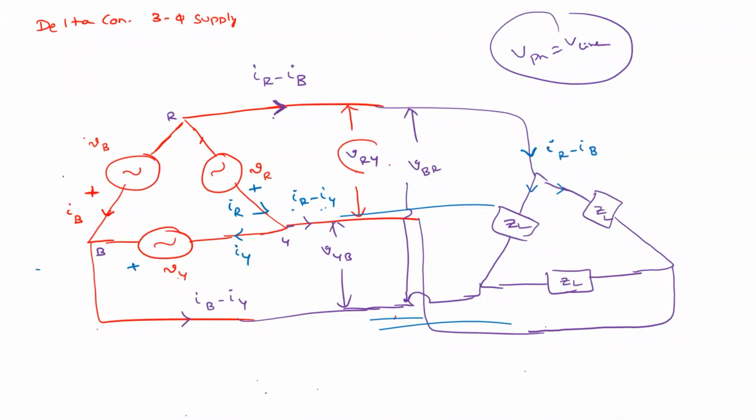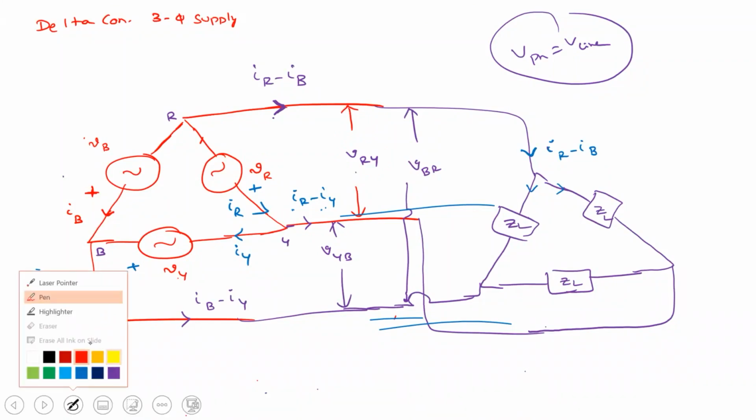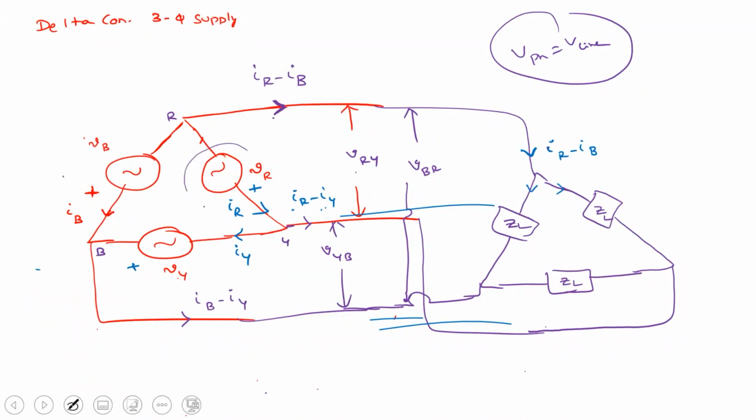So this VRY and this VR are both the same. Agree? This is the phase voltage and this is the line voltage, both the same only, right? No confusion, right? Yes, sir. Okay.